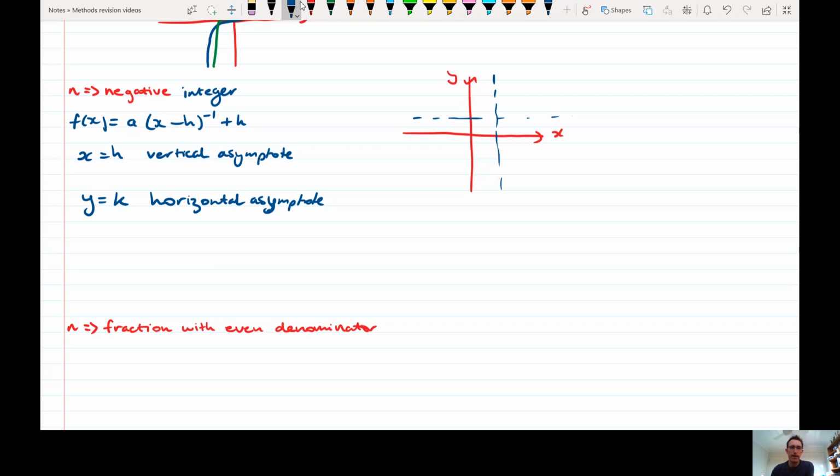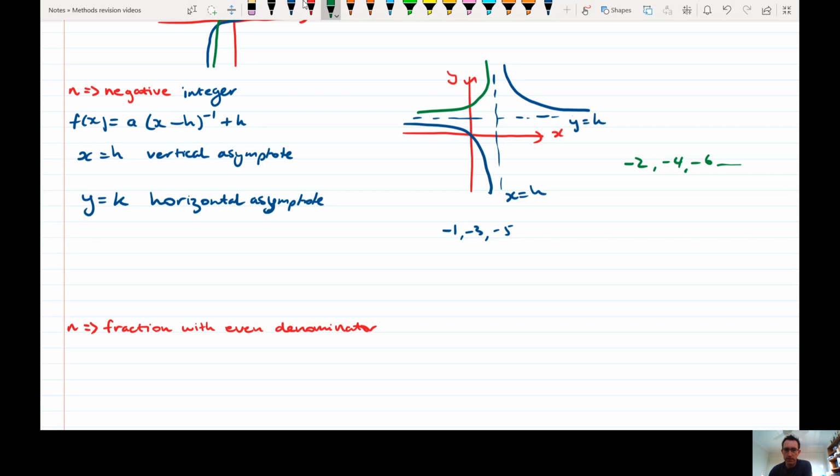Now, if you have a negative odd integer like -1, -3, -5, you're going to end up with something looking like this for your graph. So you have x equals h there, y equals k there for your vertical and horizontal asymptotes. If you have -2, -4, -6, and so forth, you'll end up with something that looks like this, a truncus.